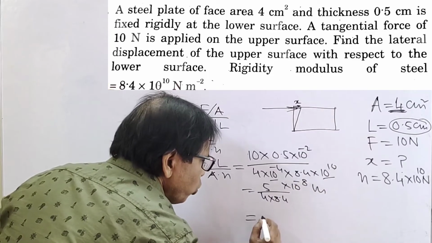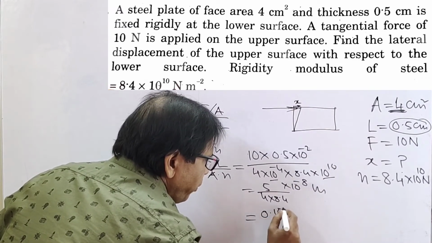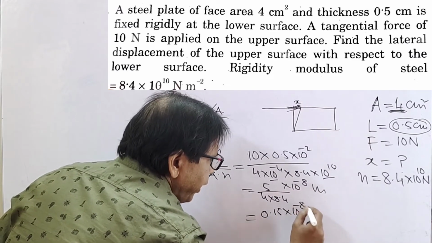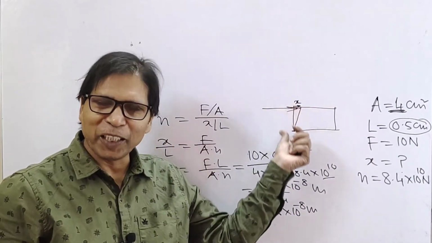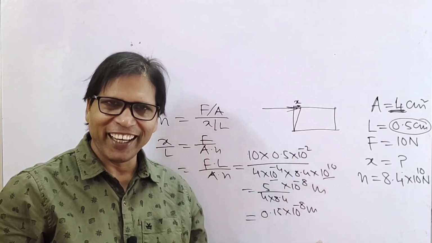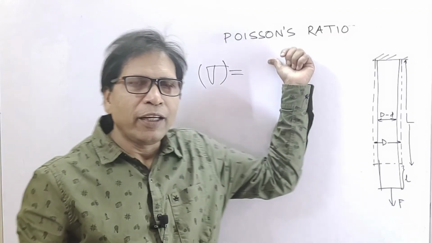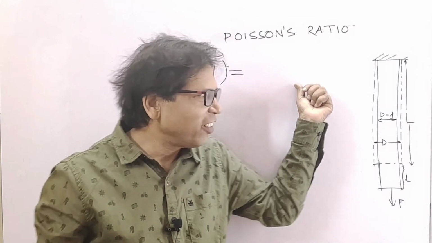Okay, this equals 0.15 into 10 to the power minus 8 meter is the displacement of the top surface with respect to the bottom. Okay, understood? Next, now Poisson ratio.